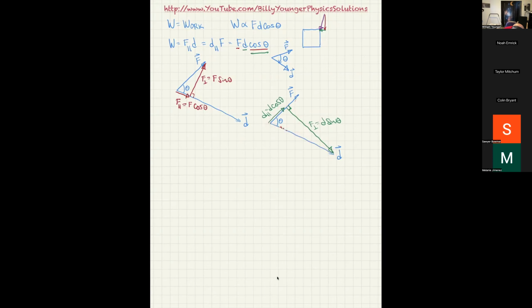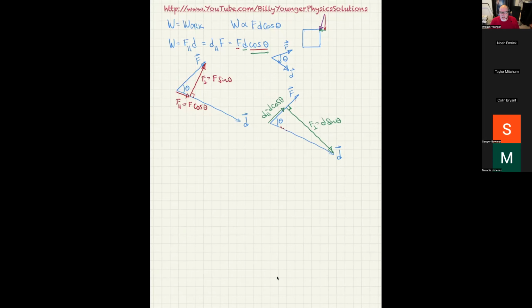And therefore, D cosine theta is this little part, which is the part of D that is parallel to F. If I did it on this other diagram, then this is the F vector, and it's made of one component pointing this way and another component pointing this way. In that case, this little part is parallel to D, and you can see that it comes from multiplying F times the cosine of theta. Does that make sense? I think so.